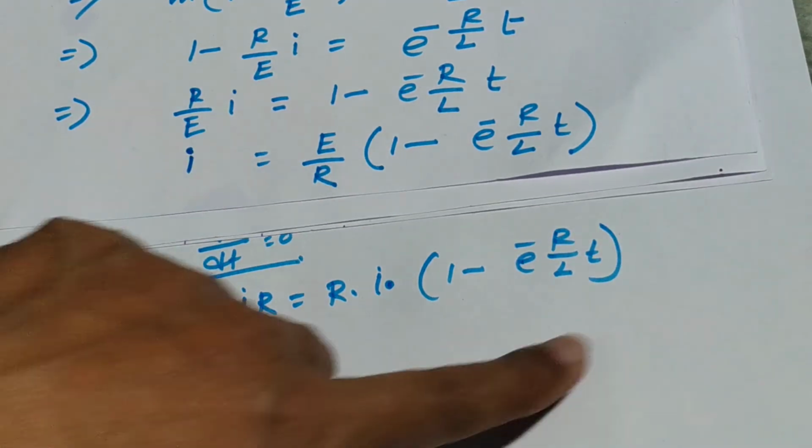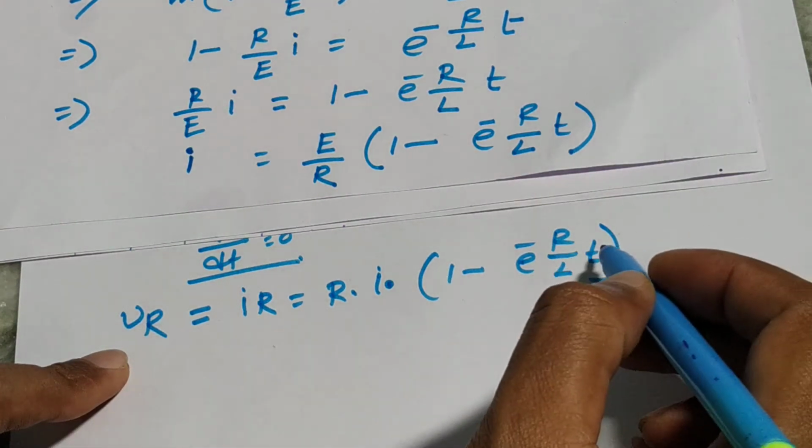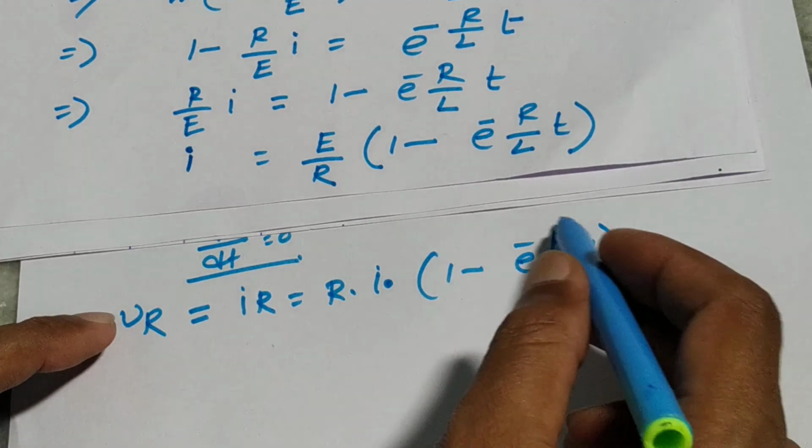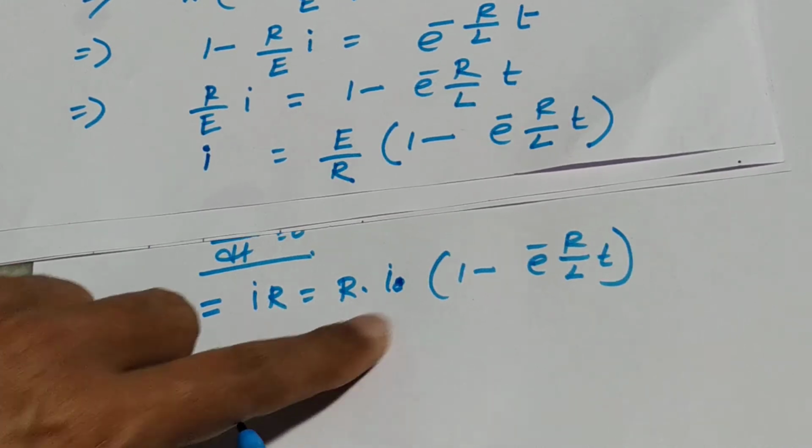This is the instantaneous voltage drop across the resistance, and at t to infinity this term will be 0, so the voltage drop across the resistance VR equal to R I0.